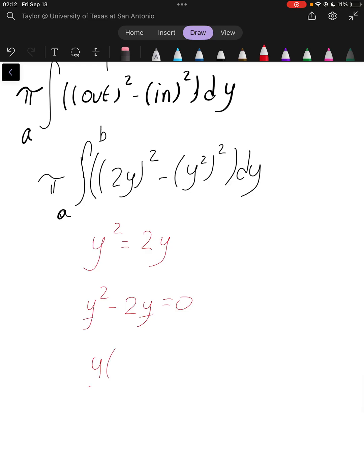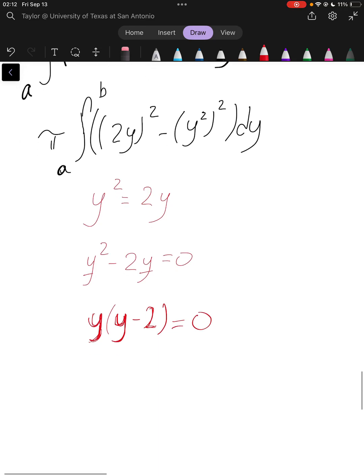So then I get y times (y minus 2) equals 0, and we get 0 and 2.